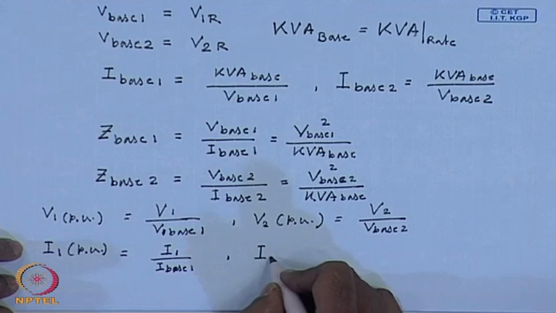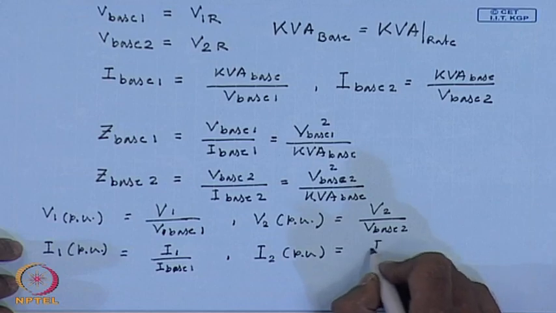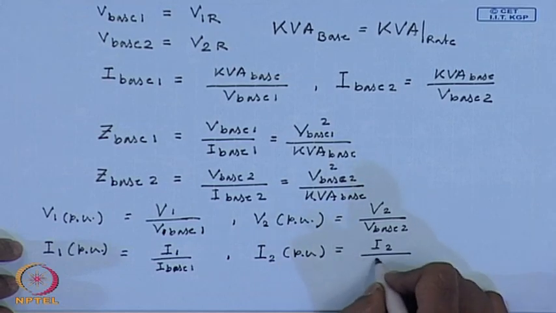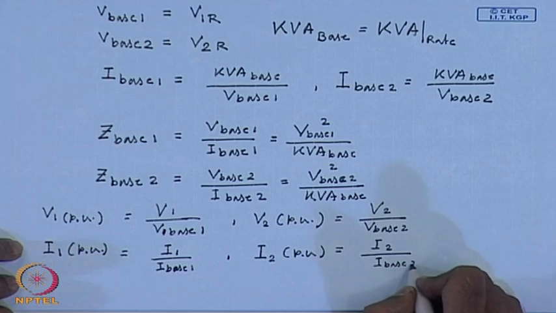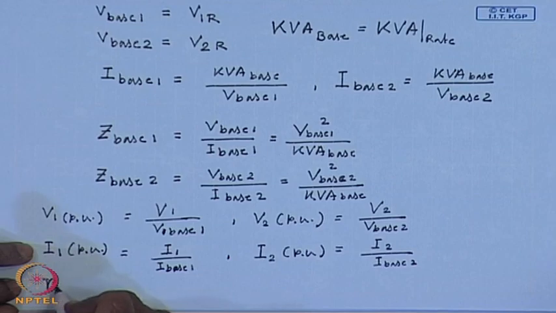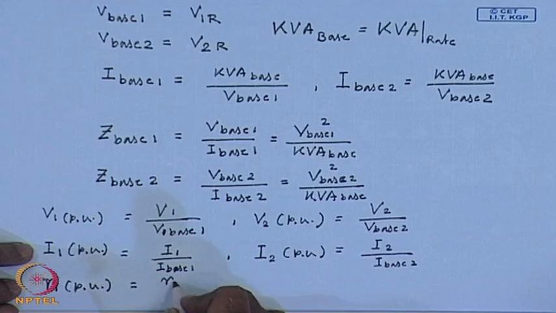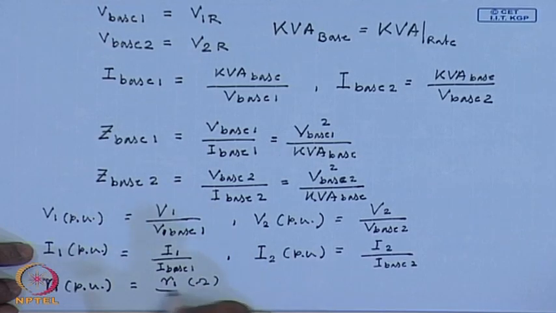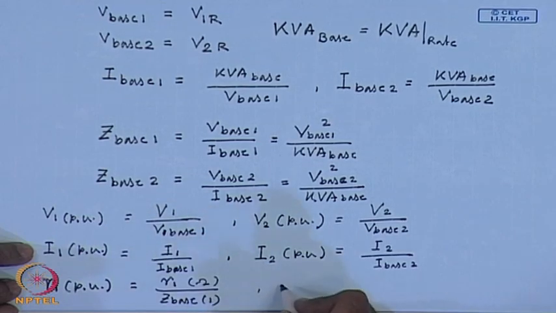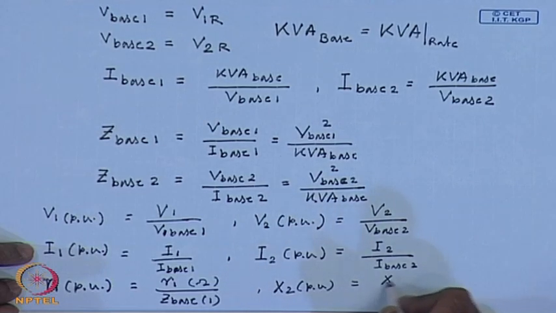Similarly, I 2 in per unit will be equal to I 2 divided by I base 2. Any impedance, let us say R1 in per unit, will be equal to the actual value of R1 in ohms divided by Z base 1, and let us say x2 in per unit will be the actual value of x2 in ohms divided by Z base 2.